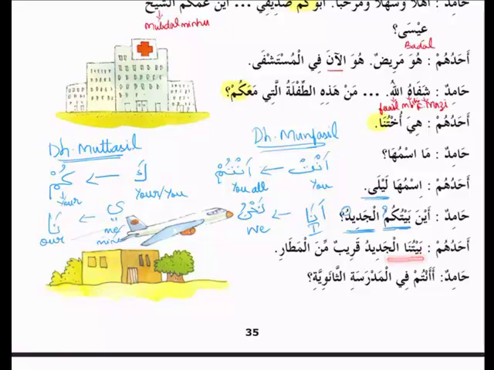So here the grammatical analysis would be Bait, mubtada, wa huwa mudaf, na is what? Mudaf ilayhi, very good. Al-jadidu is sifa of this word Bait. Qaribun is what? One word marfu khabar. Now what will be the position of this jar majroor? It will be muta'alliq of the khabar.